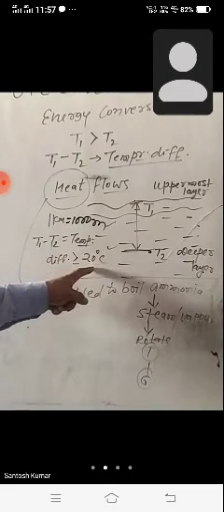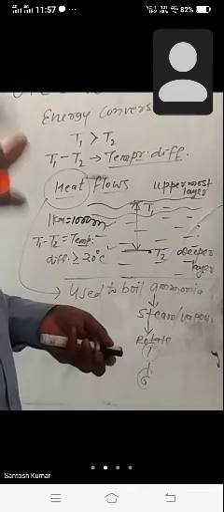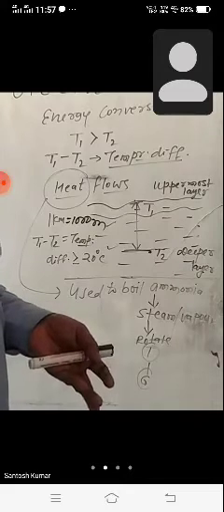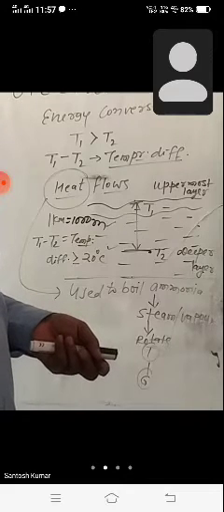Within this range, if the temperature difference is greater than or equal to 20 degrees C, then this can be effectively used. Otherwise, we can't use it, like in the case of windmills, where we saw the speed should be minimum 15 km per hour. So this is everything regarding OTEC.